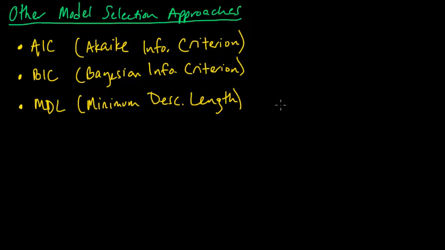So this is the Occam's razor principle: among equally valid alternatives, you choose the simplest explanation. That's the basic idea behind MDL.